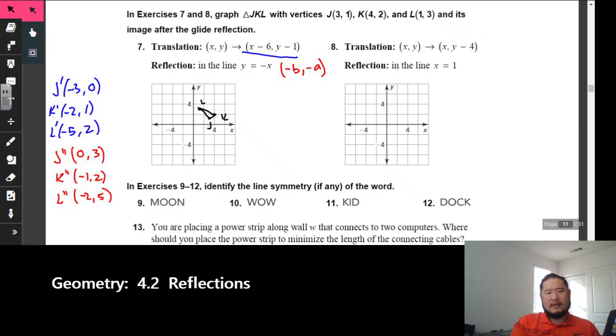And what they're saying is, first off, we have translation. So I'll use these next points in blue. At negative 3, 0, this is J prime. And then we have at negative 2, 1, we have K prime.